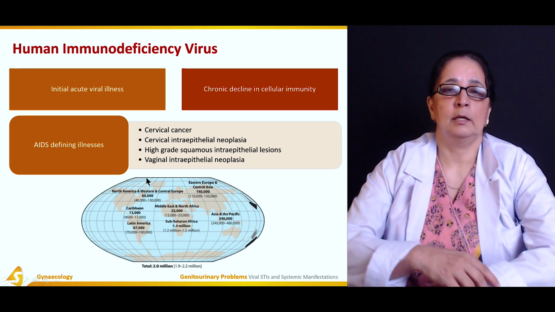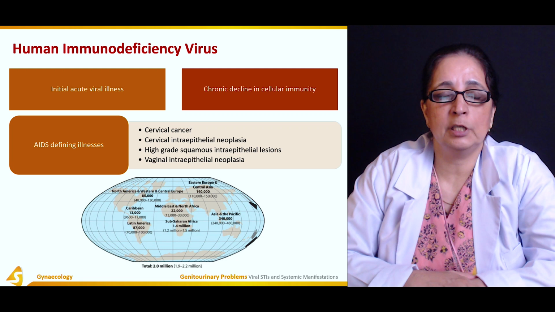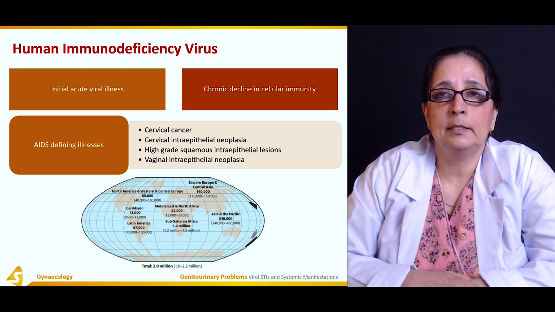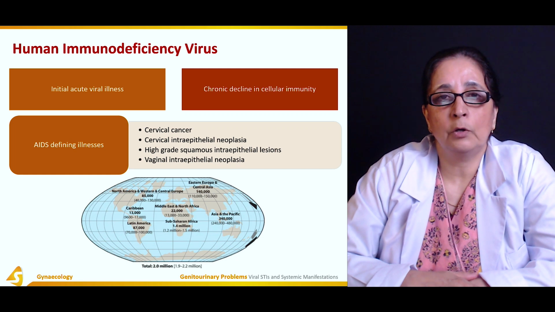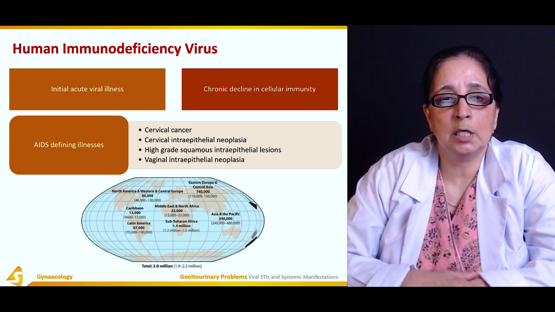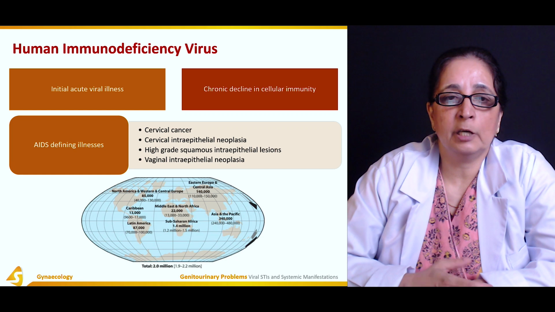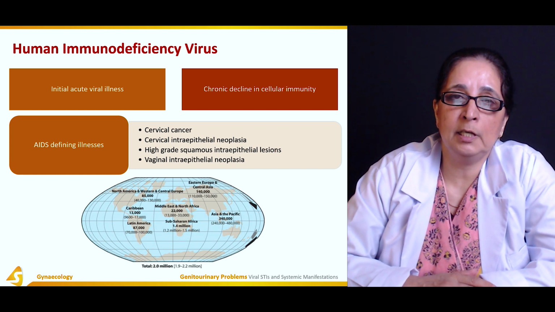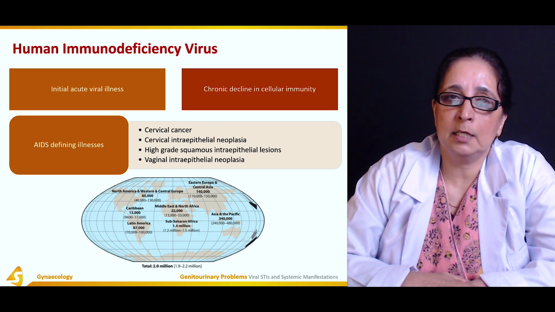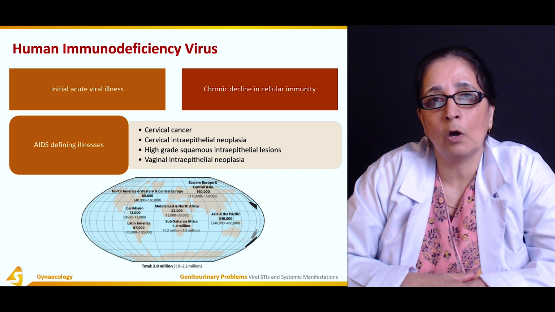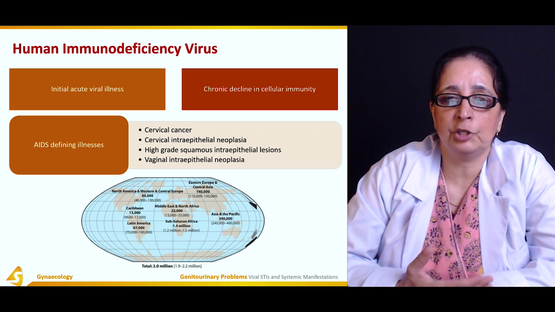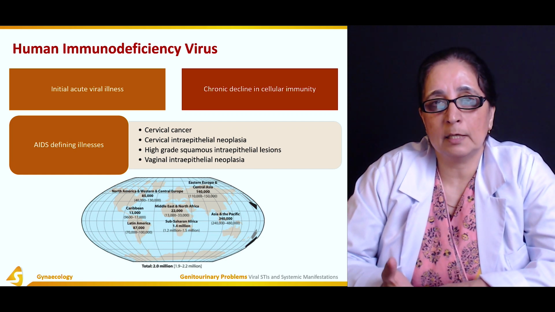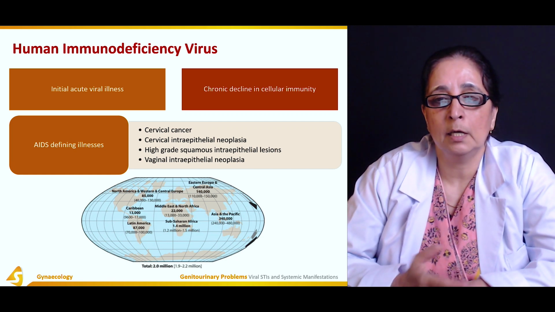HIV is the human immunodeficiency virus. It's the causative agent of AIDS, which is acquired immune deficiency syndrome. In HIV infection, initially the patient is asymptomatic for a very, very long time, and in that time usually the infection can be transferable to another person.